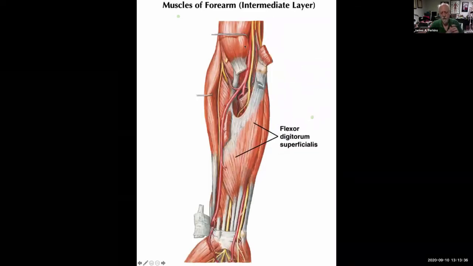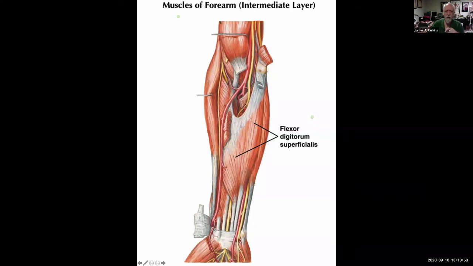The next layer of muscles in the anterior compartment of the forearm is really just a single muscle. There's a muscle known as the flexor digitorum superficialis. That's another one that's kind of a mouthful. It's a rather long name.